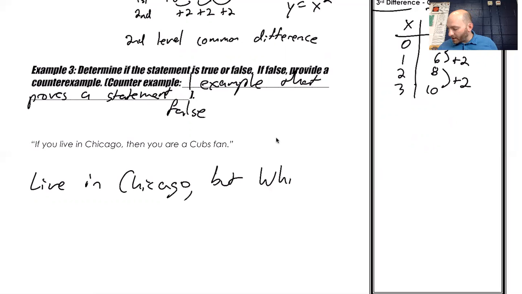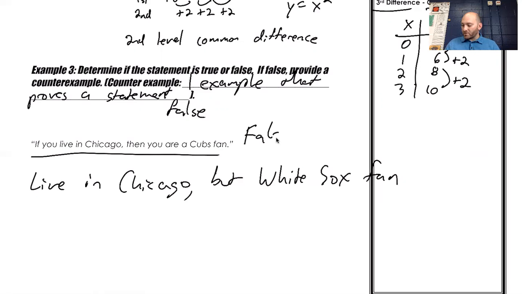Okay, White Sox fan. Or no fan. Okay, who says you have to like baseball. Bottom line is all you need is one counterexample. Then I can say that this statement is false. Okay? So that's all we need.